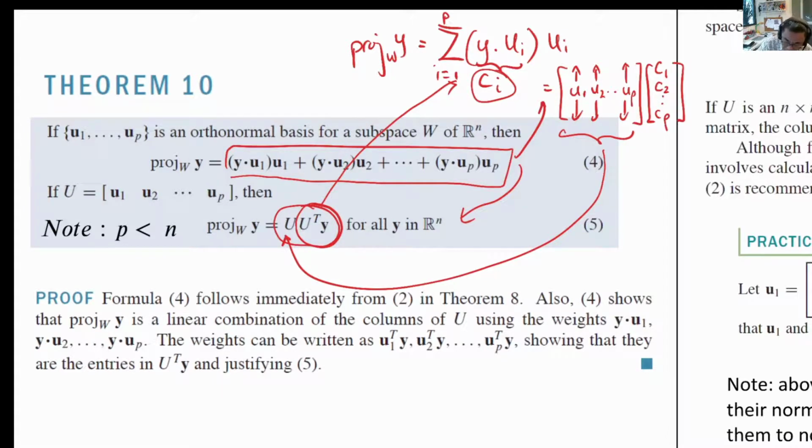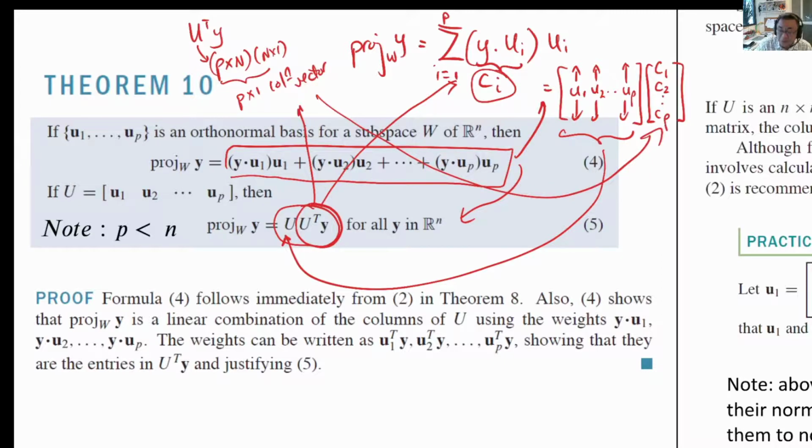Well, let us study what is u transpose y. U transpose is a P by N matrix. Y is an N by 1 column vector. Therefore, it will result in a P by 1 column vector. And this is the vector C1 to Cp.